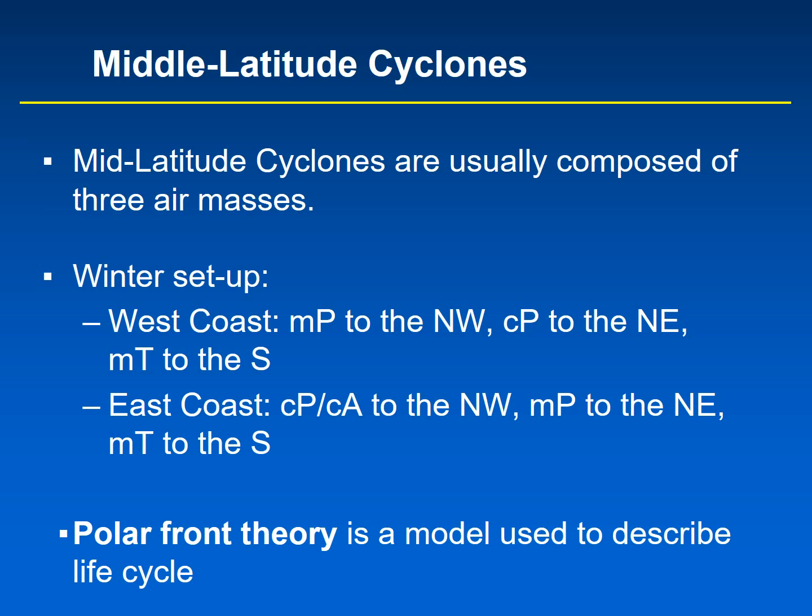They worked largely from surface observations. They were a group of scientists from Norway, including Wilhelm Bjerknes, his son Jacob, Halvor Solberg, and Tor Bergeron. Remember Bergeron, you'll recognize his name from the Bergeron ice crystal process.